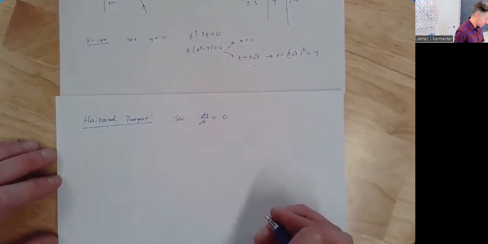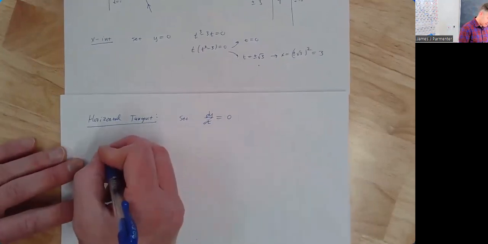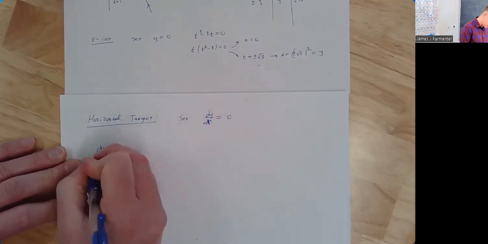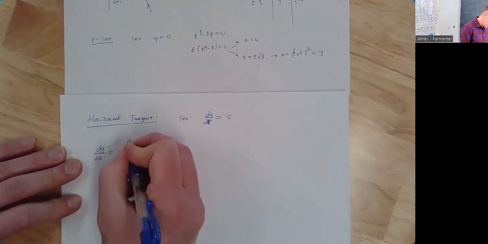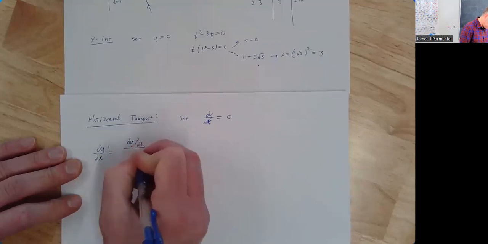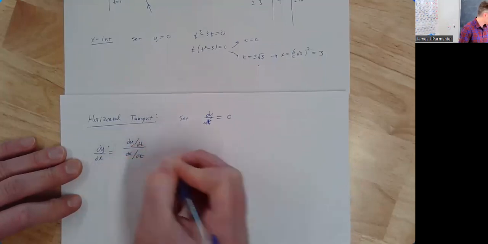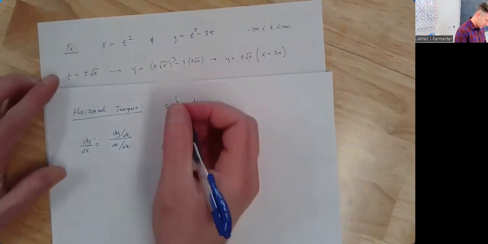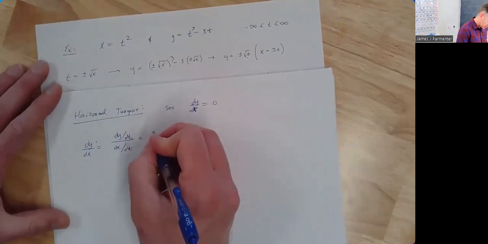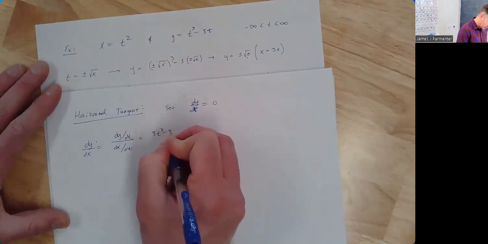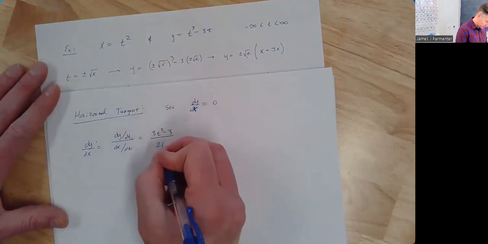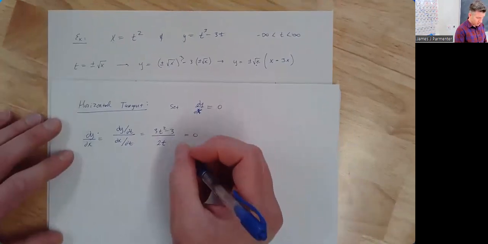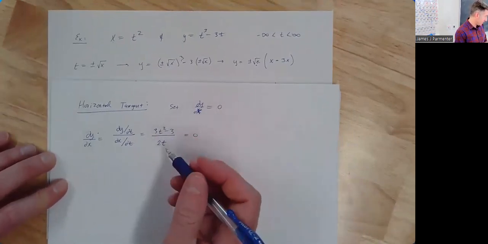But here's the thing. dy/dx is equal to dy/dt over dx/dt. So using our parametric equations, dy/dt is just 3t squared minus 3. dx/dt is 2t. And if I set this equal to 0, as long as the denominator isn't 0, I'm just setting the top equal to 0.